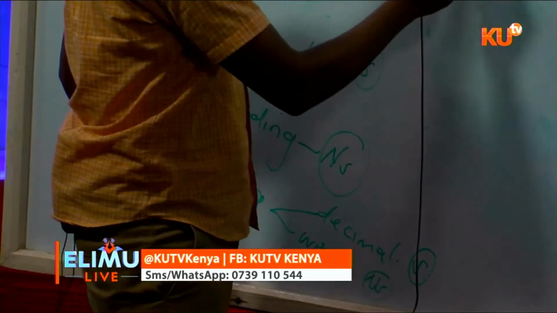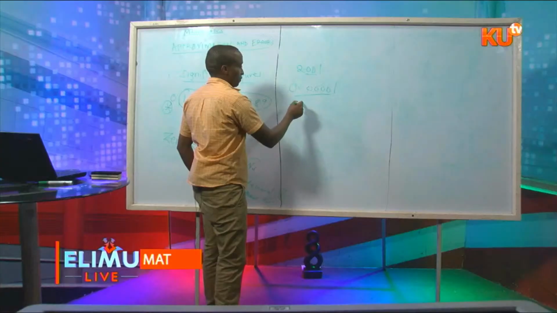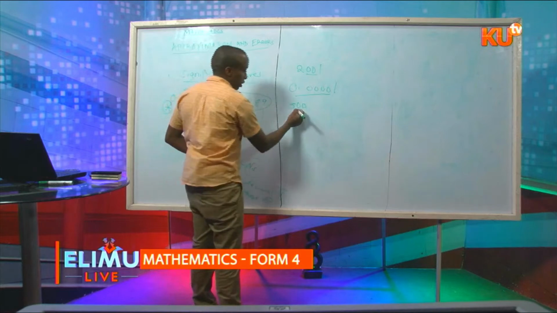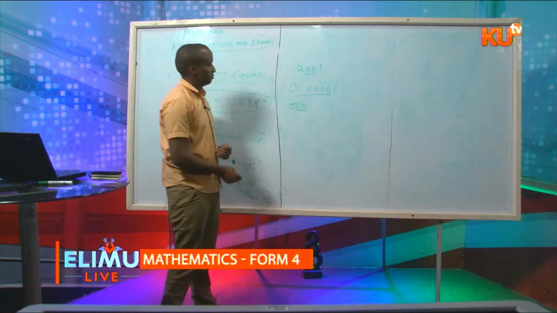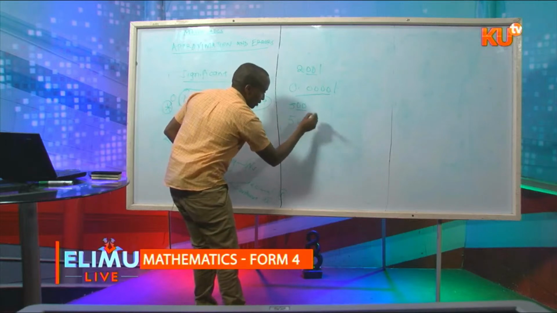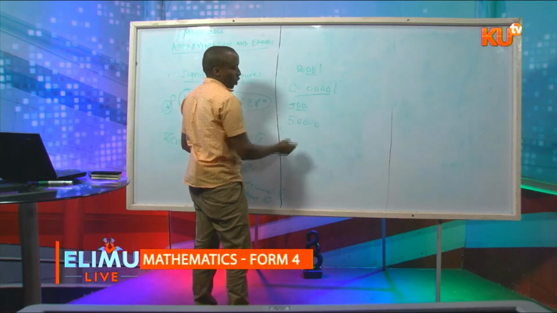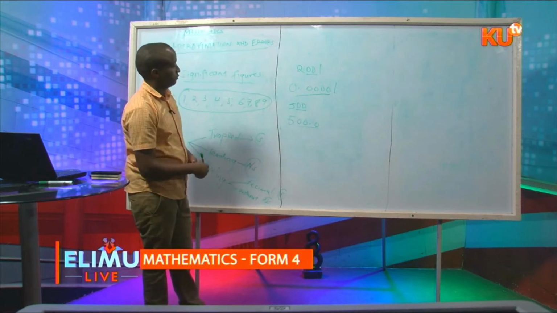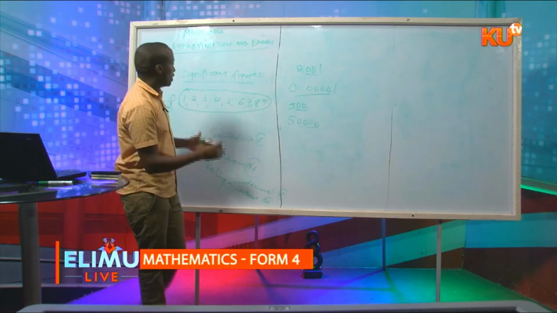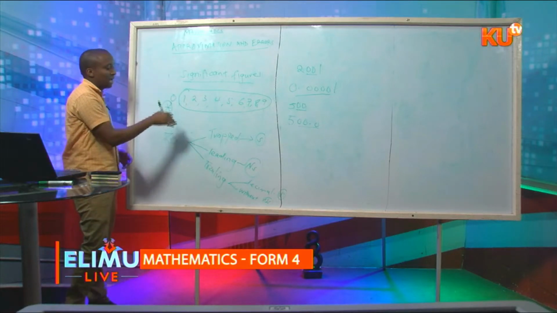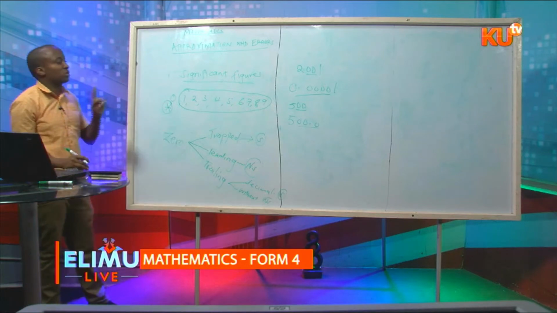If I look at 500 without any decimal point, these two zeros will not be significant. But if I look at 500.0, all these three are significant. So we need to understand the situations where 0 is significant and where it is not significant.